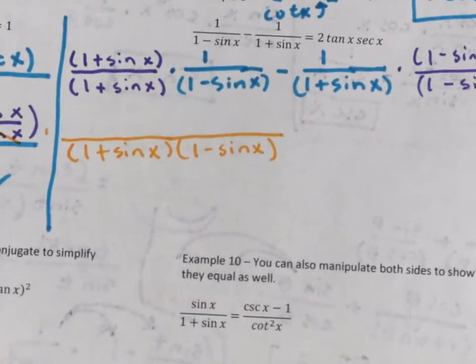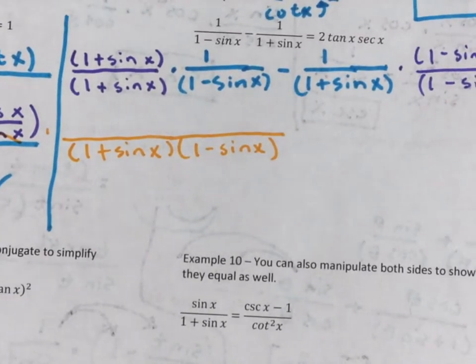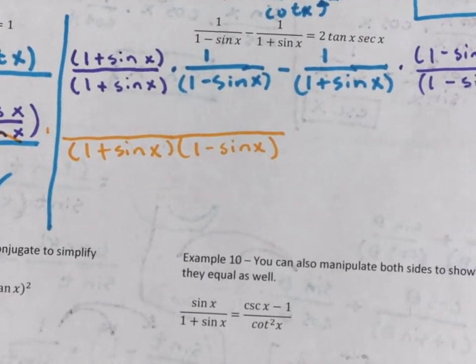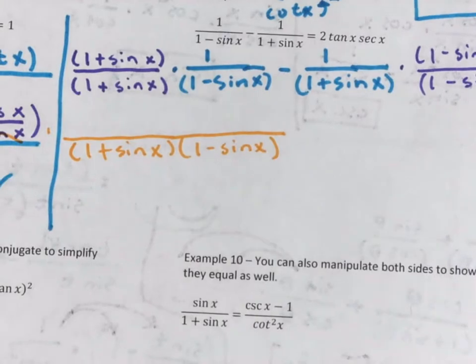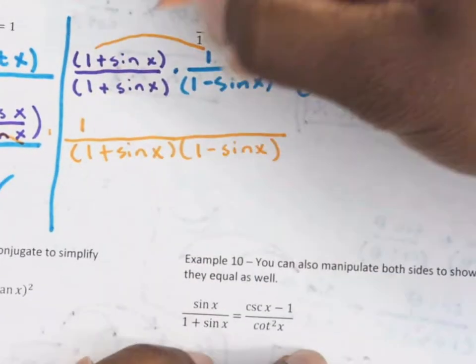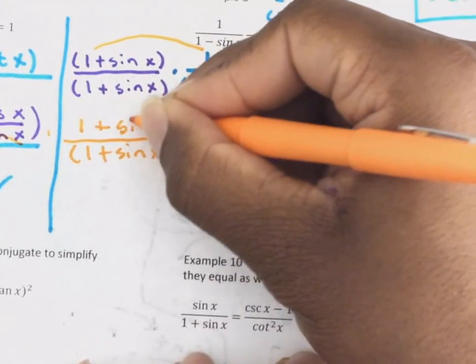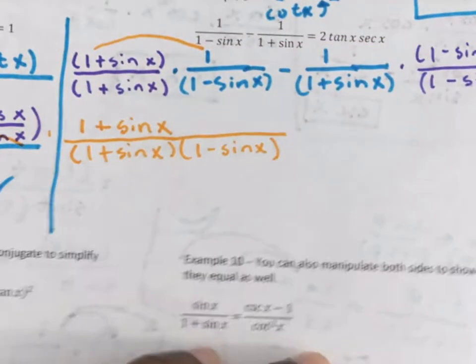Let's combine my top terms. On the left side, 1 plus sine x times 1. That doesn't change, does it? 1 times 1 is 1. Sine x times 1 is sine x.